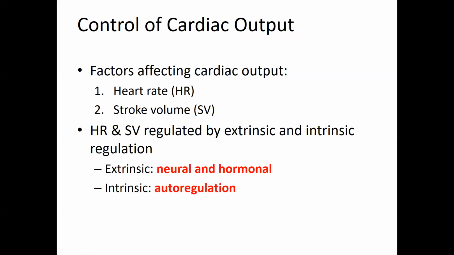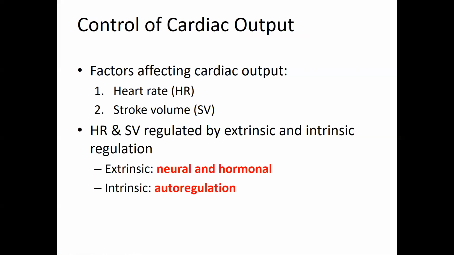What nerves did we just talk about that influence the heart rate? Your parasympathetic and your sympathetic nerves. So that's the neural input which influences your stroke volume and your heart rate, which then is going to influence your cardiac output. There are also some hormones that we're going to look at, such as glucagon, which naturally increases your heart rate, and that is going to have an effect on your cardiac output.